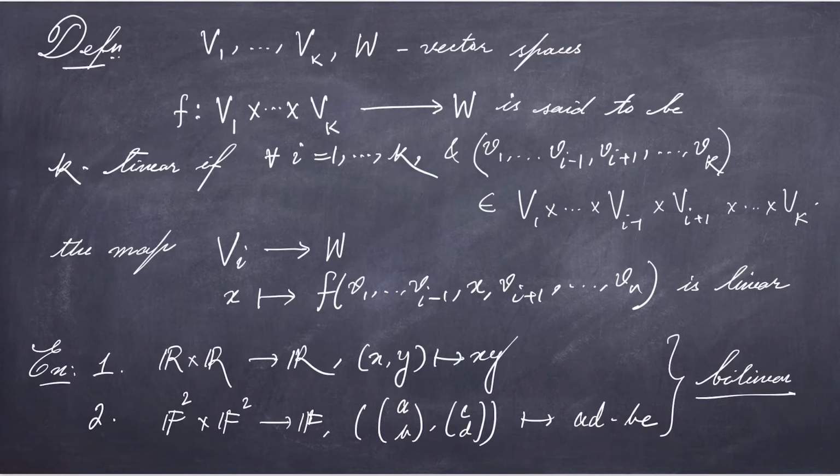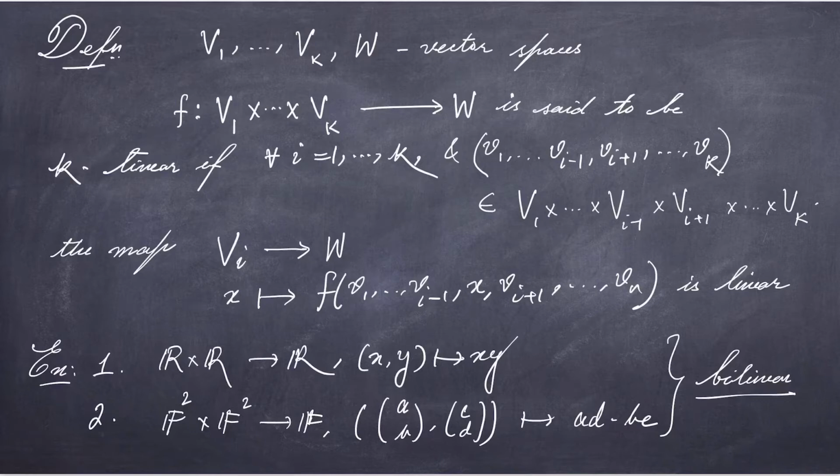Given vector spaces V1, V2, ..., Vk and W over the same field F, a function from the Cartesian product of V1, V2, ..., Vk to W is said to be k-linear if... before telling you the formal definition, let me first convey the idea.